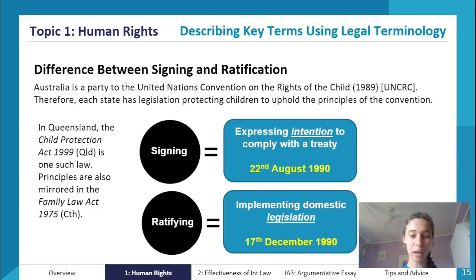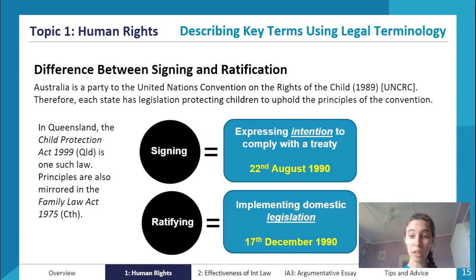So what we've got here is different dates as well to keep in mind. So signing, where you express the intention to comply with a treaty. In the case of this Convention on the Rights of the Child, in Australia, that occurred on the 22nd of August 1990. And then domestic legislation was implemented in December of 1990. So you've got three different dates there.